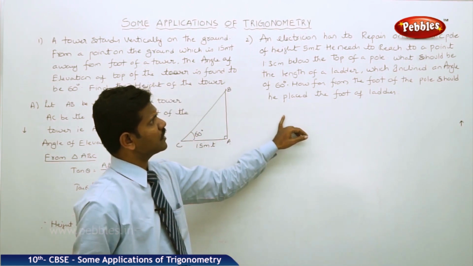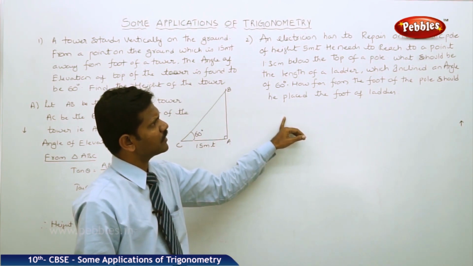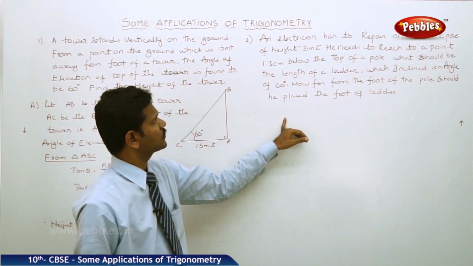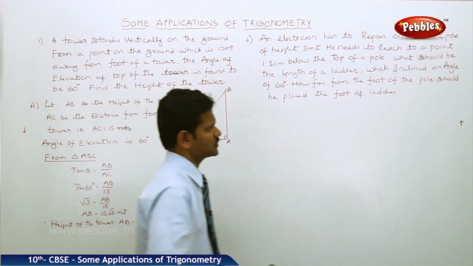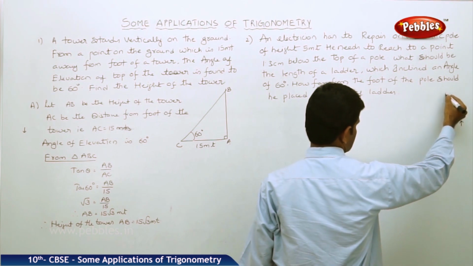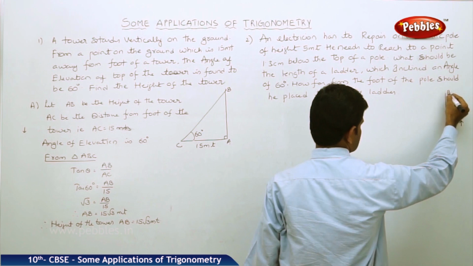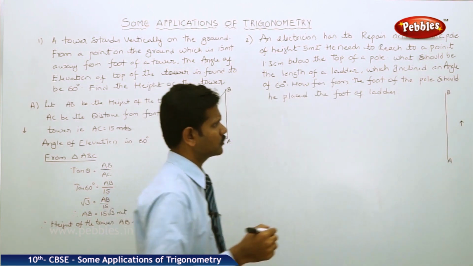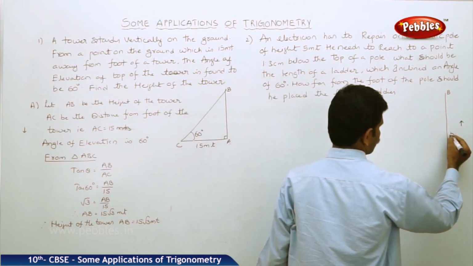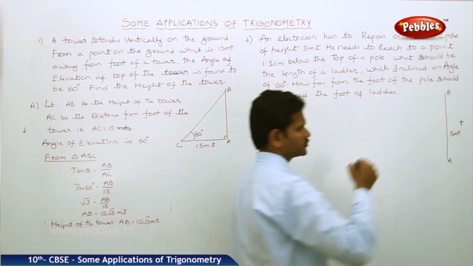An electrician has to repair an electric pole of height 5 meters. Now let us draw the diagram first. AB is the electric pole whose height is 5 meters.